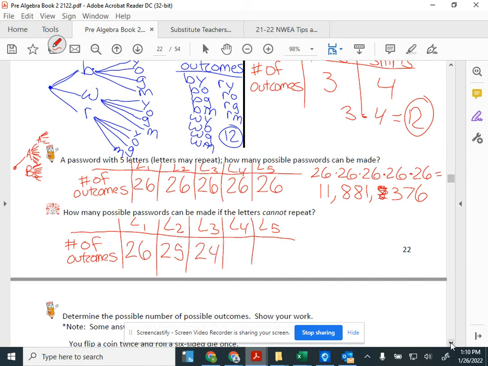Cole, how many for letter 4? And Edward, how many for letter 5? So now our calculation's going to look a little different. We're going to do 26 times 25 times 24 times 23 times 22. Jocelyn, what does that equal?